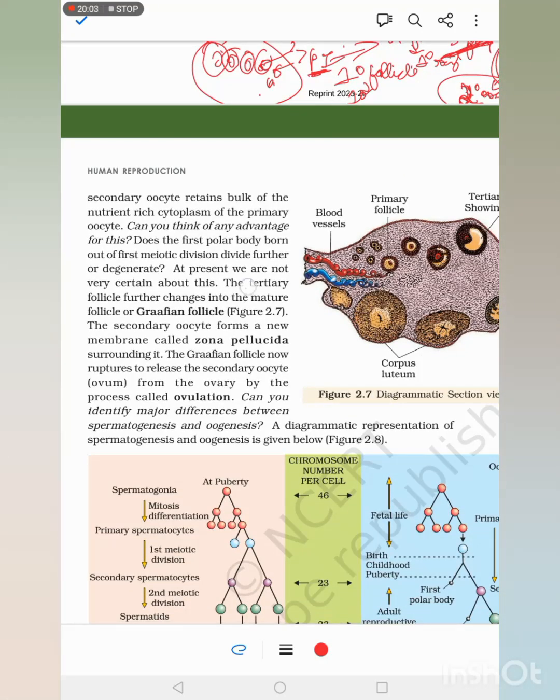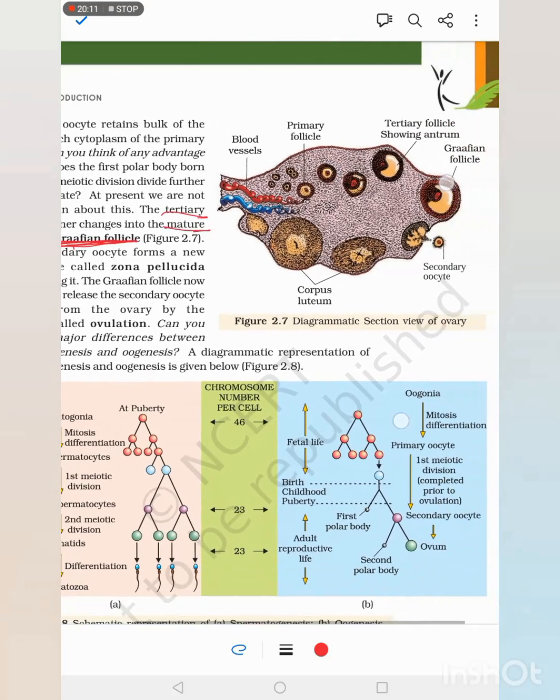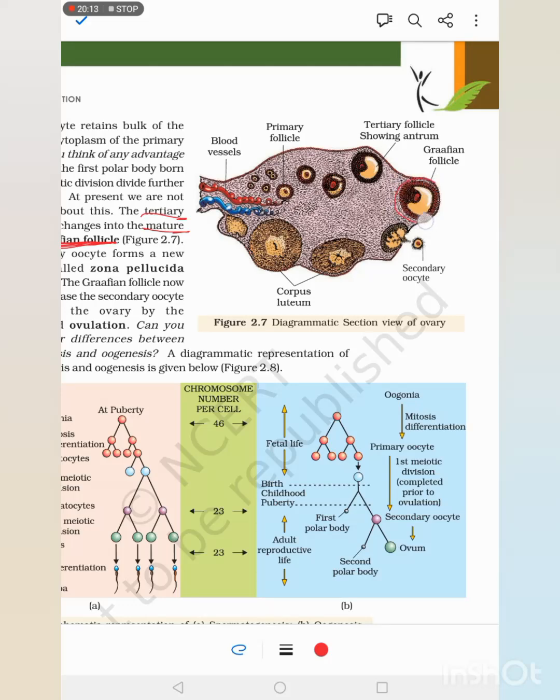Next, the tertiary follicle changes into a mature follicle, also called the Graafian follicle. It has layers and a big antrum. The antrum is bigger than in the tertiary follicle, and it has a secondary oocyte.